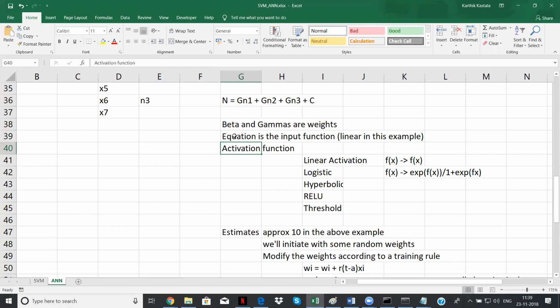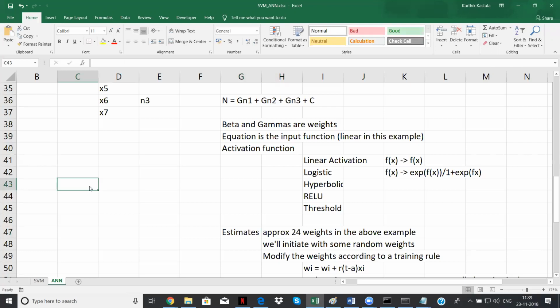Now, let's say the next one is estimates. So approximately, not 10. In the above example, I have 24 betas, so we have approximately 24 weights. Clear?